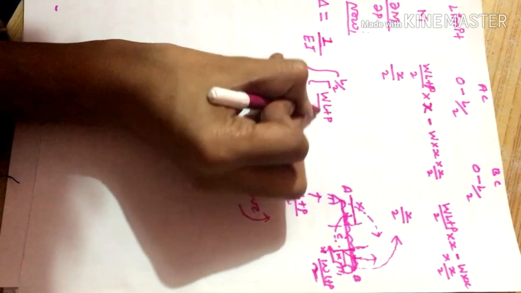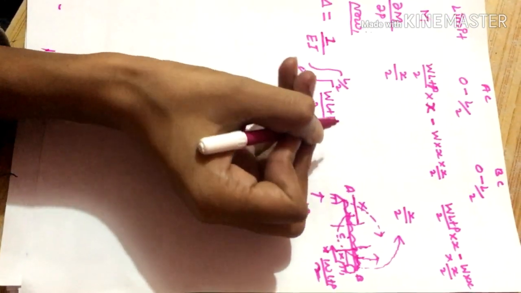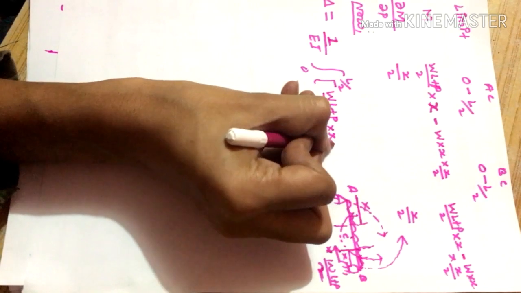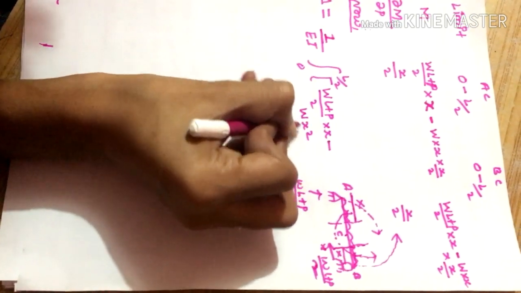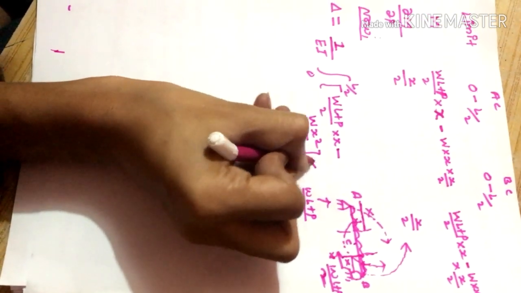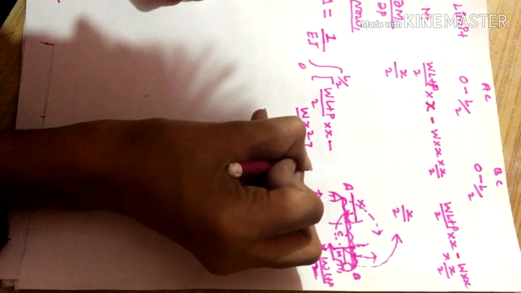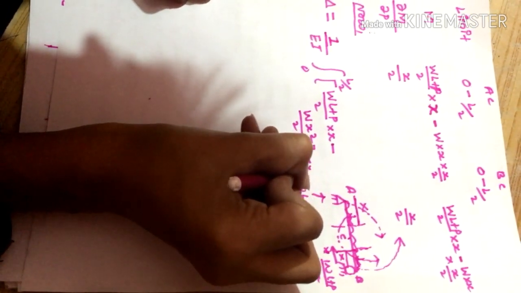So (WL plus P) by 2 into X minus WX squared by 2, into X by 2, dx.